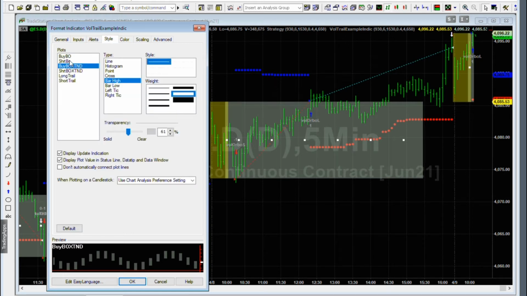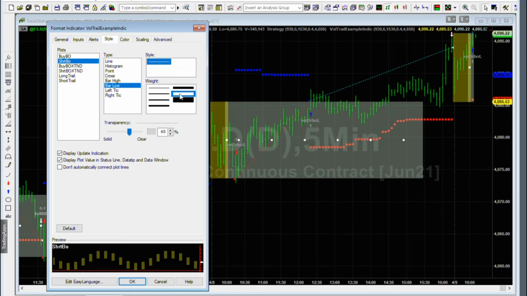The buy breakout, which is the first 6 bars, has a weight of, not the widest weight, but the next to widest, and I'm going to plot it as a bar high. The short breakout of the first 6 bars, in this case it could be 12, whatever you choose, is going to be the bar low.